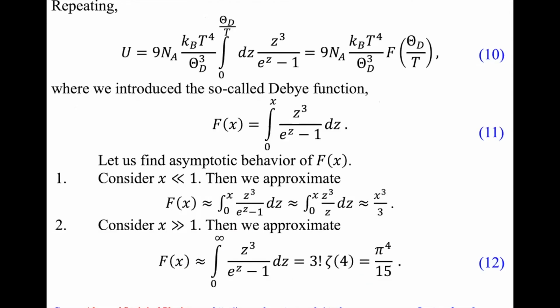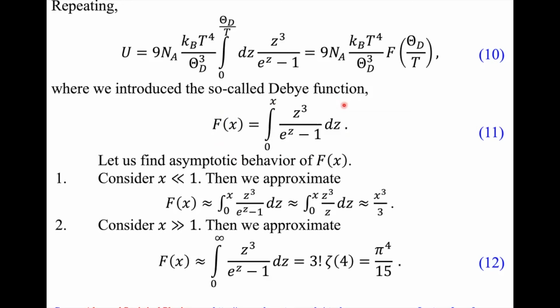I will continue. I'm repeating the last formula. And obviously this function is nothing else than the integral of this simple expression up to some x, a dimensionless quantity, which in the formula for U, for free energy, is the ratio of theta_D over T. Now, I can tell that this very simple function, as strange as it may be, is not expressible in terms of any other standard function of mathematical physics.